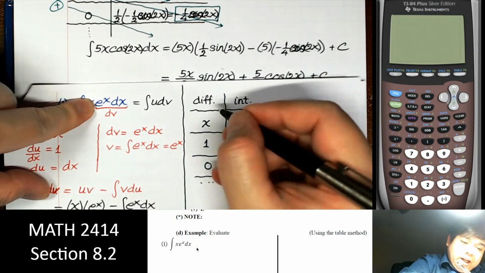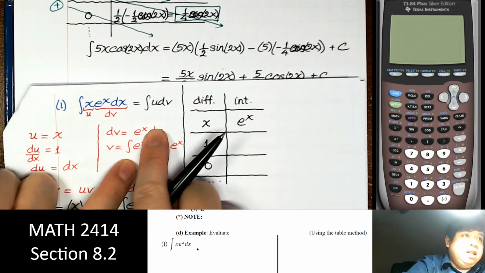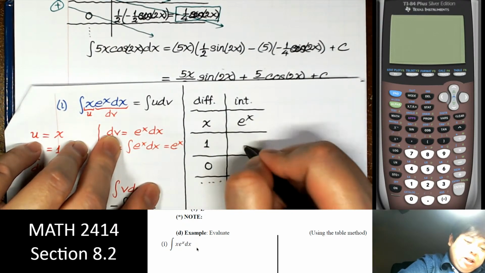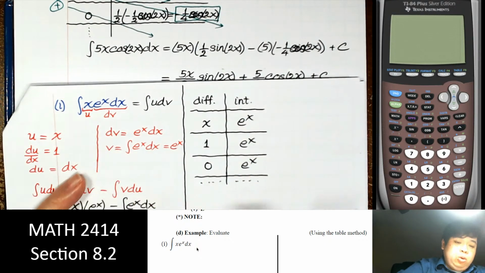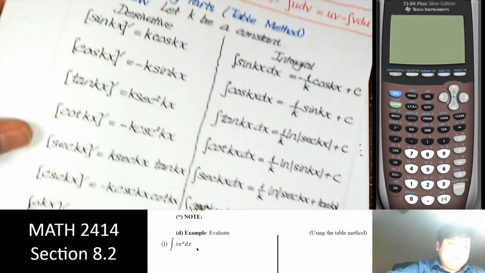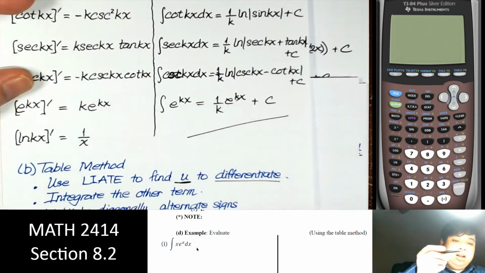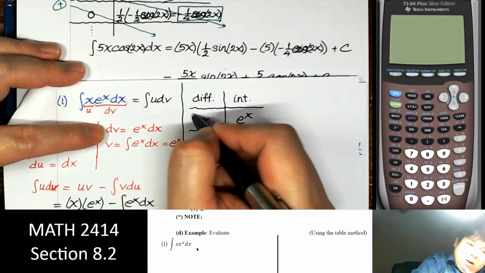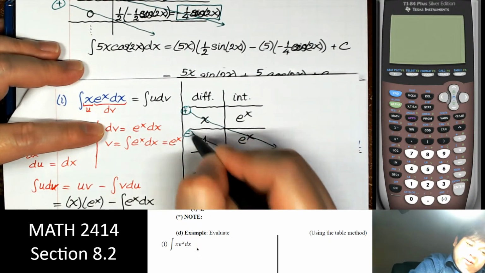Now the integral is what's left, e to the x. Notice that we just write e to the x and we don't write dx in this case when we put the table method. Now we just integrate. Integral of e to the x is e to the x. So we just integrate. It just happened to be the same thing. Integral of e to the kx is 1 over k, e to the kx. Now if k is 1, that's what we have here. Alright, diagonals, positive, negative.